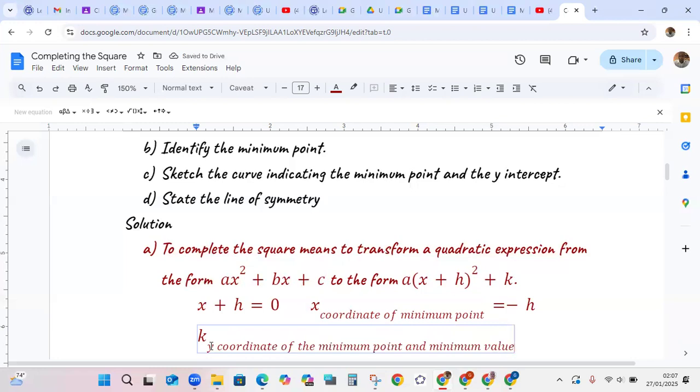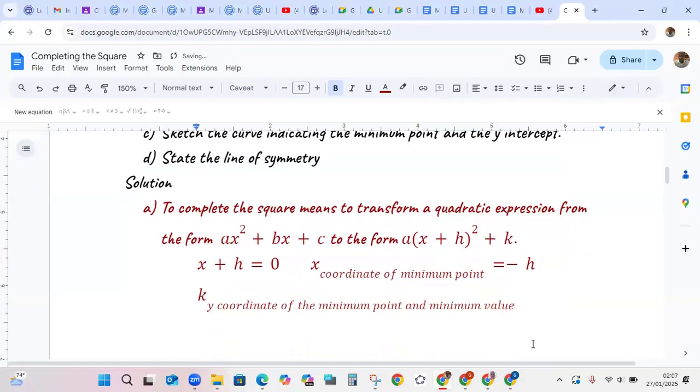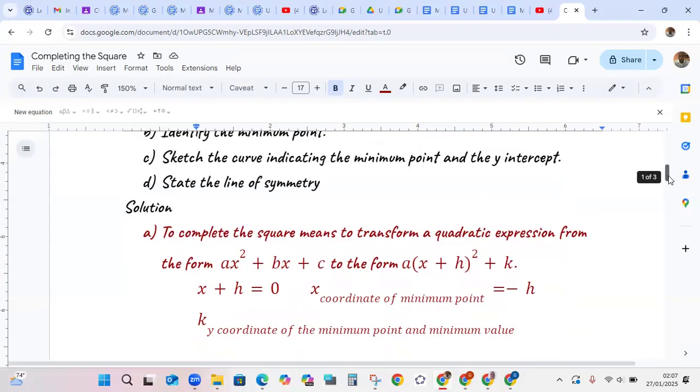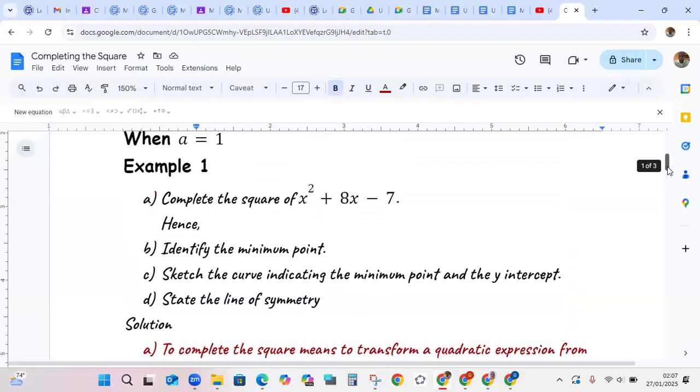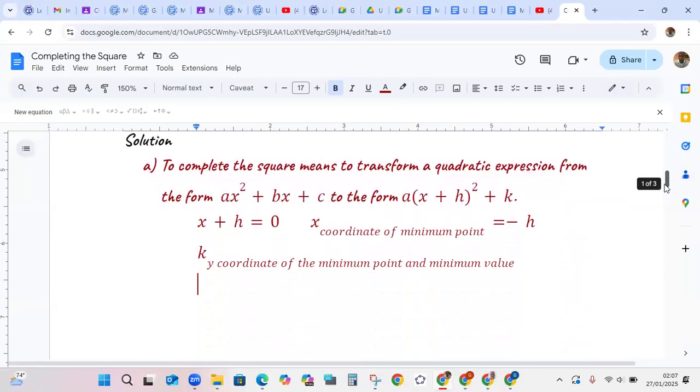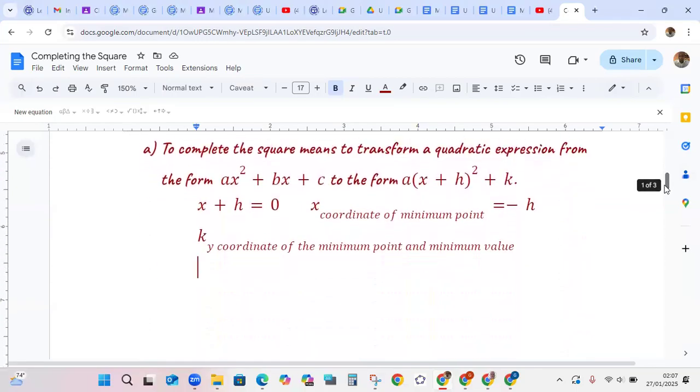So how do we go about calculating those 2 new numbers? When the value of a is 1, as you can see, this is the example of when a is equal to 1. If you don't see a number in front of the letter, there's an invisible 1.